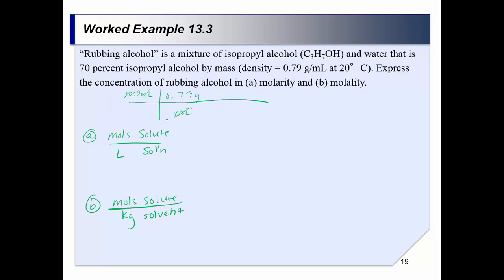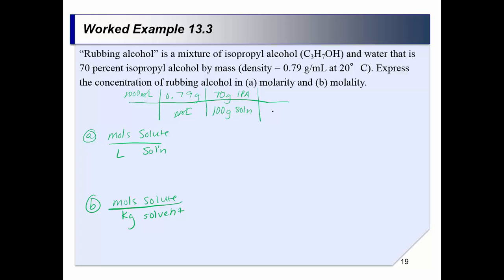So in 1 liter, that's the mass of one liter of isopropyl alcohol or rubbing alcohol, but it's only 70% isopropyl alcohol. So for every 100 grams of solution, I have 70 grams of isopropyl alcohol, IPA.